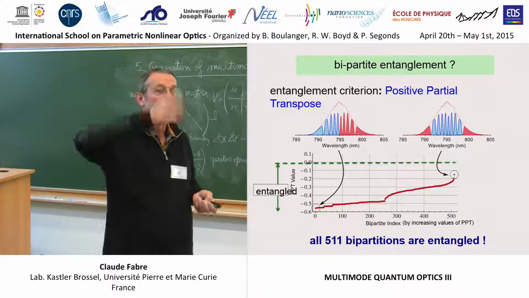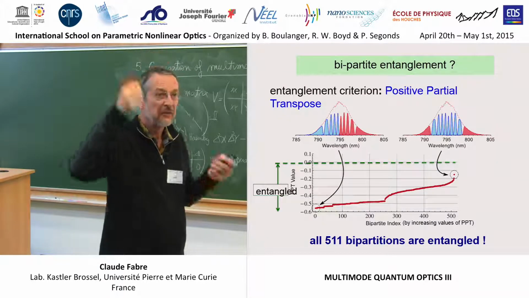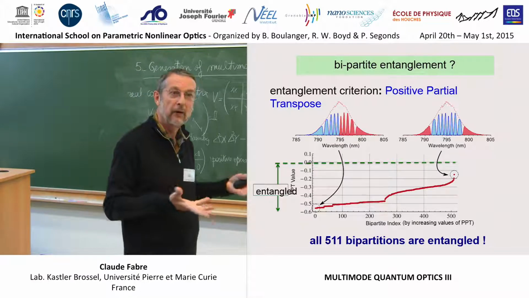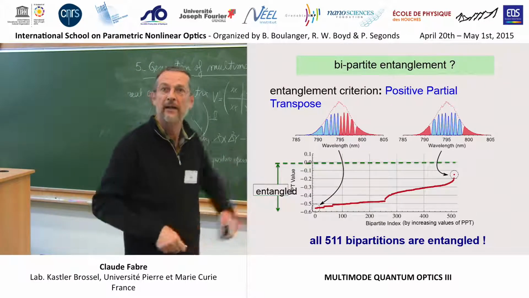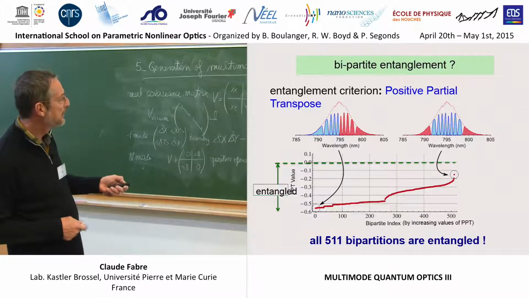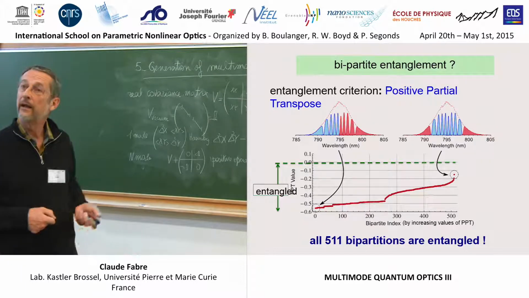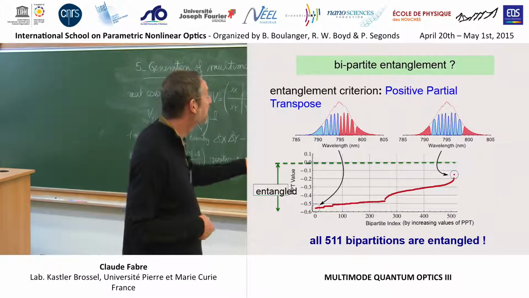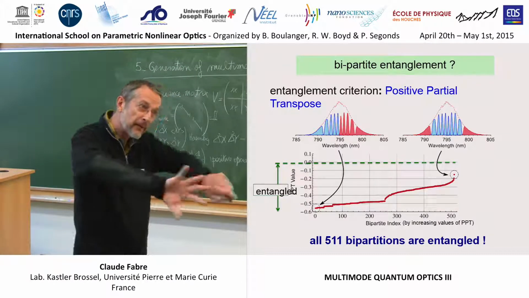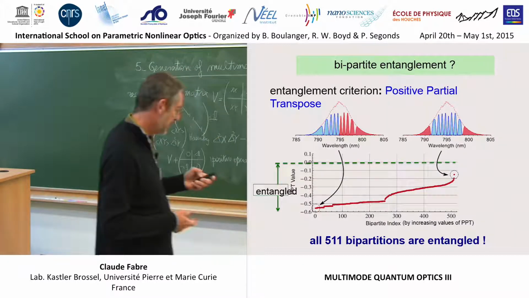The most power of the pump is on the center, so this twinning part is dominant in some way, and it cuts into low frequency and high frequency. But this one, for example, which is the least entangled, but still entangled, is center against the wings. And of course, this one is not produced by the center frequency. It was more produced by what happens in the wings, but it's still entangled. So we have a lot of entanglement.